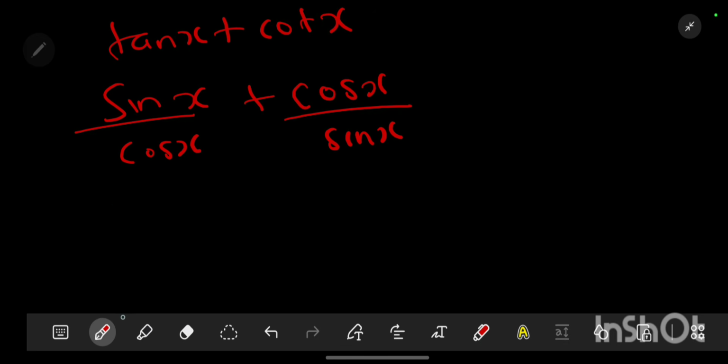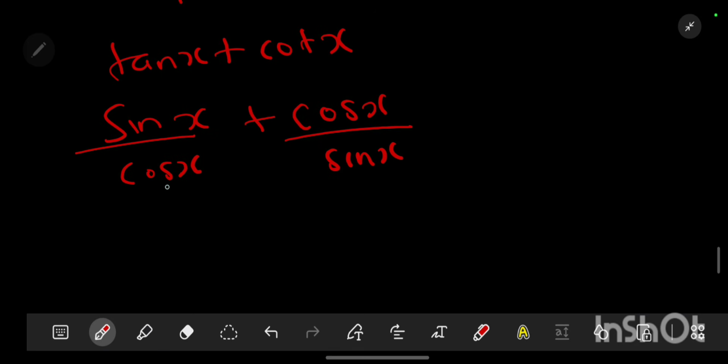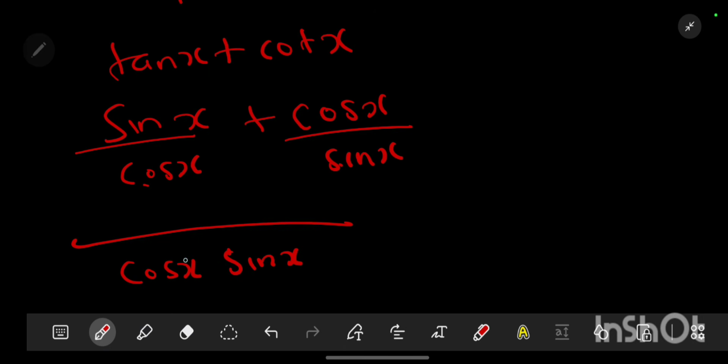From here, we are going to find the lowest common denominator, which is cos x sine x. If you take both of them, it's the same as this multiplied by that. So we have sine times sine, which is sine squared x, and cos times cos, which is cos squared x.